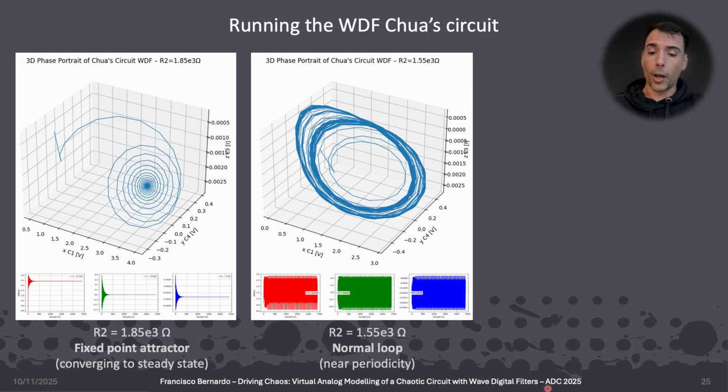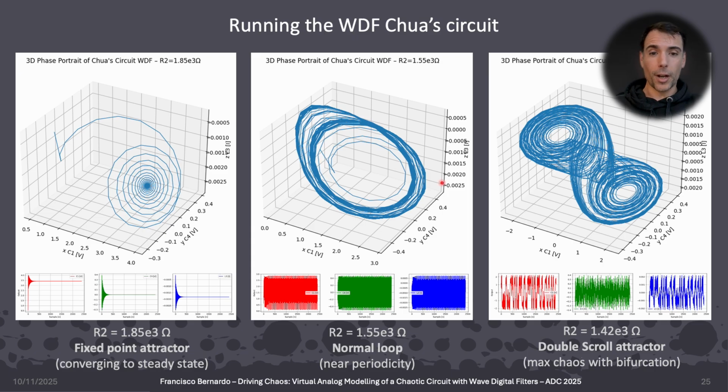In the second plot, R2 is at 1.55 kilohms, and it shows a loop, so an attractor very close to periodicity. So still stable, but not so much. In the third plot, R2 is at 1.45 kilohms, and it shows a double scroll attractor, which means that our system is now an engine driving chaos.